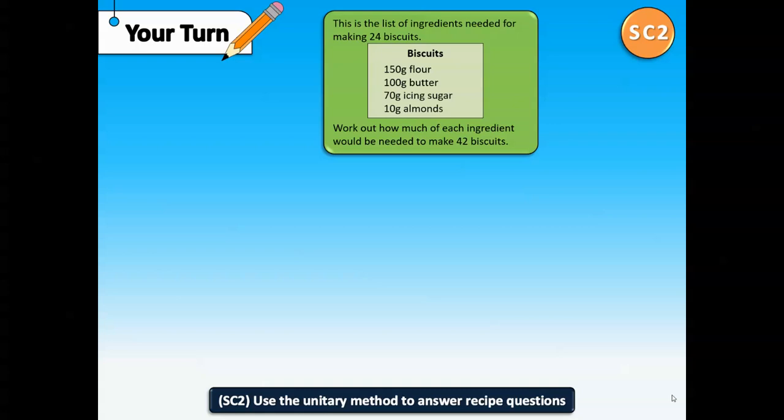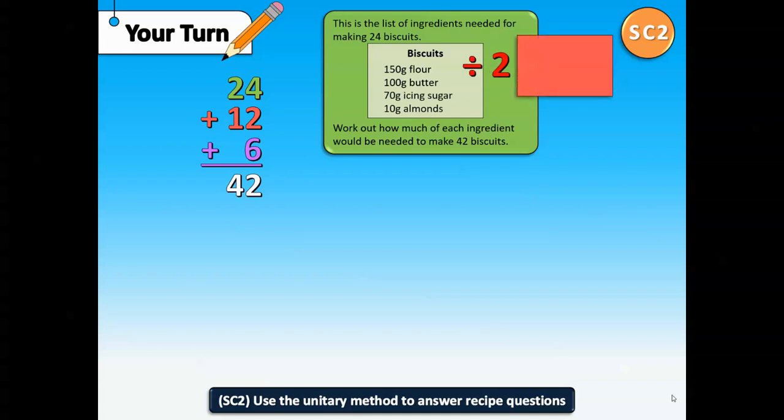So for the green question, we want to make 42 biscuits. So we can have 1 lot of 24, 1 lot of 12, and 1 lot of 6. And that would make 42. So if we half all the ingredients, that'll be for 12 biscuits.